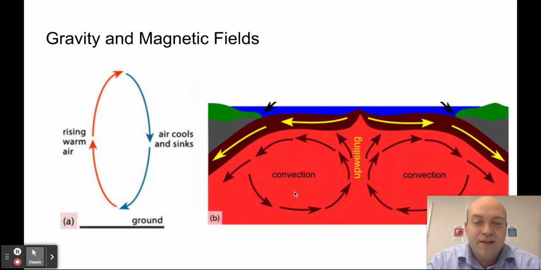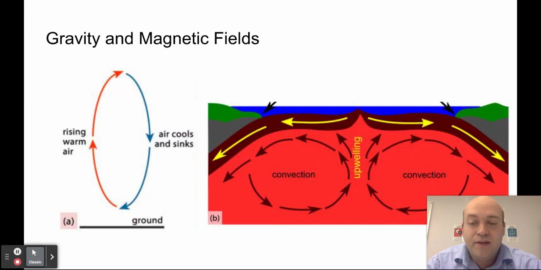So inside of the Earth, as the material gets closer to the center, it heats up, which makes it move away from the center, rise through the liquid to the outside, and then as it gets to the outside, it cools back down and comes back. And this movement actually generates the magnetic field of the Earth. And this wouldn't be possible if there wasn't metal in the center of the Earth.